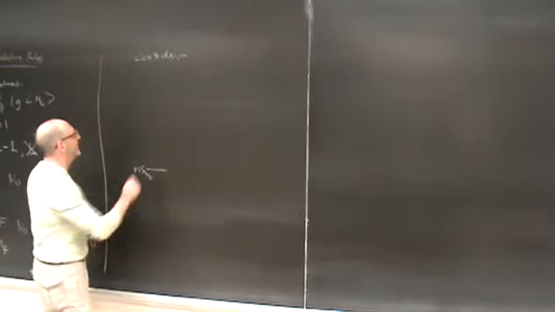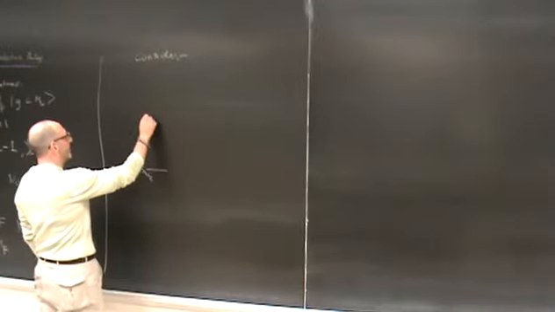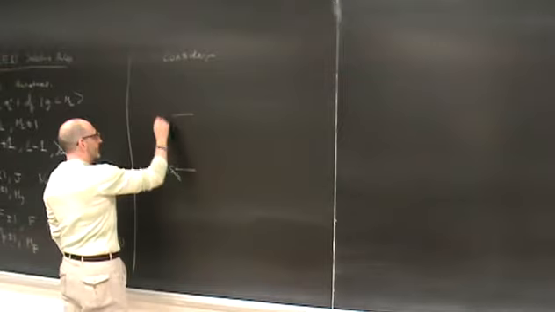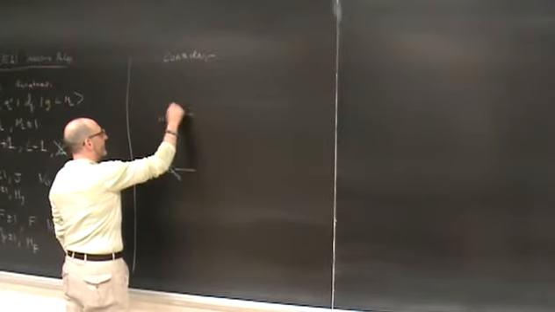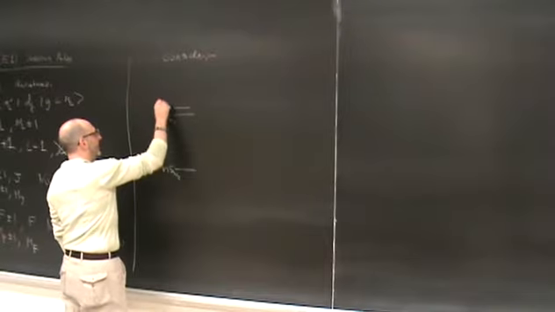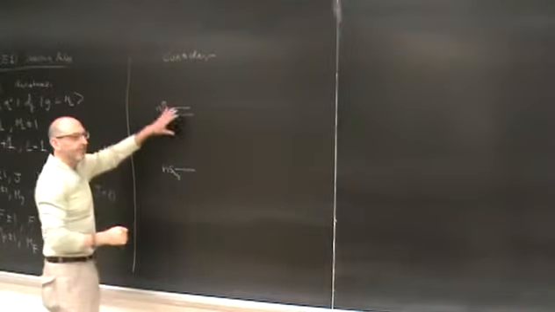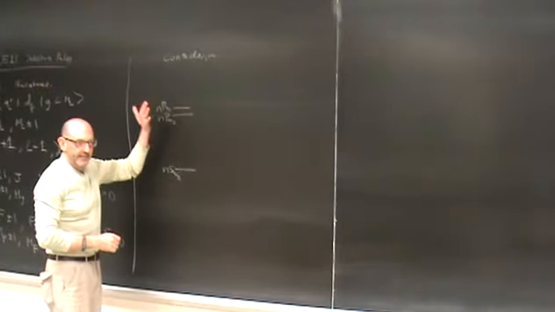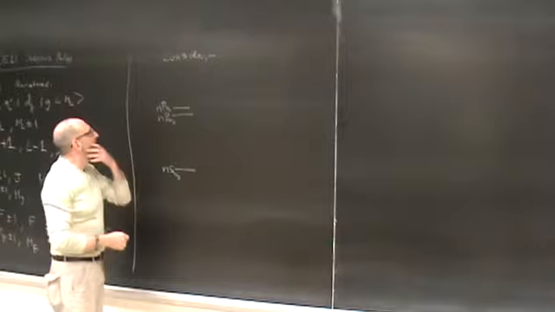Then we have up here the P1/2, and there's a fine structure splitting, and P3/2. Of course, these things all have hyperfine splitting on them, depending on the nuclear spin.